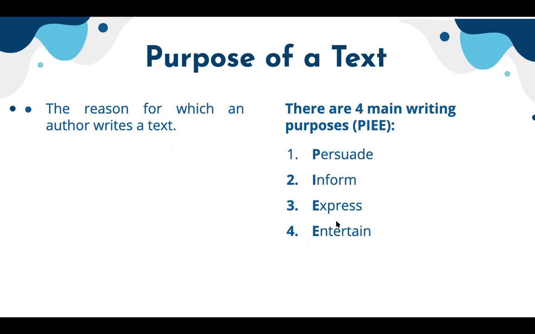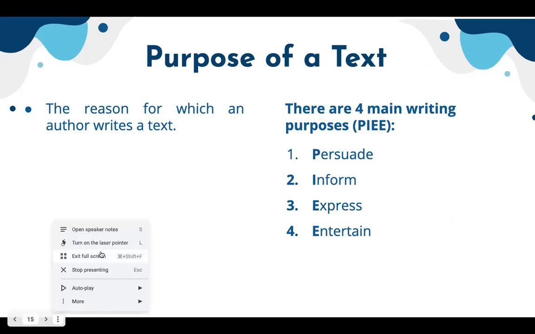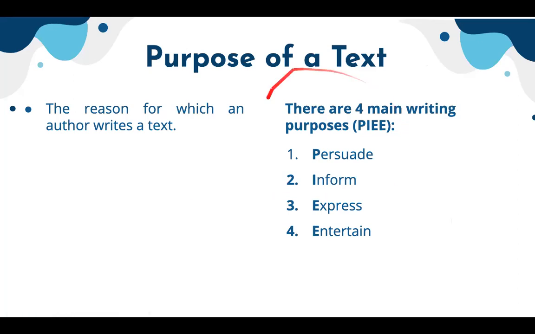Persuadir, informar, expresar y entertain, en español se dice, o sea, no divertir. Entretener, yes, entretener. Iba a decir divertir, pero no. Or maybe it can be that one too. But yes, those are the four main reasons or purposes that someone writes something.